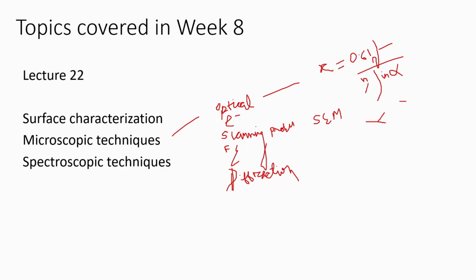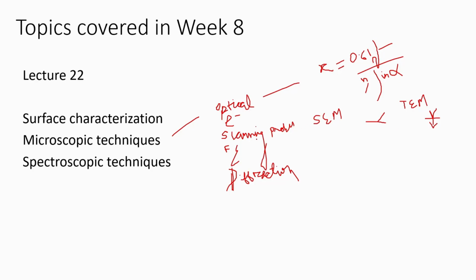Then similar to SEM, there is one more electron microscopy technique called TEM, which is the transmission electron microscope. Instead of reflection, the electrons are transmitted through the sample, and the transmitted electrons can be analyzed to form light or dark field images.